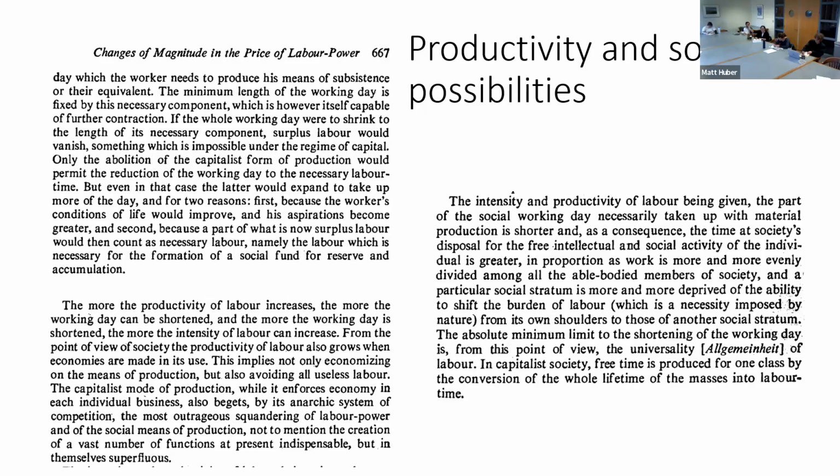For the capitalist class, who gets all this benefit, while basically converting the lifetime of the working class into labor time. So again, this contradiction where we have so much technology and productive capacity, we could have this kind of freedom, but under capitalism, all that is squandered, and most of us feel not free, stressed out, overworked.